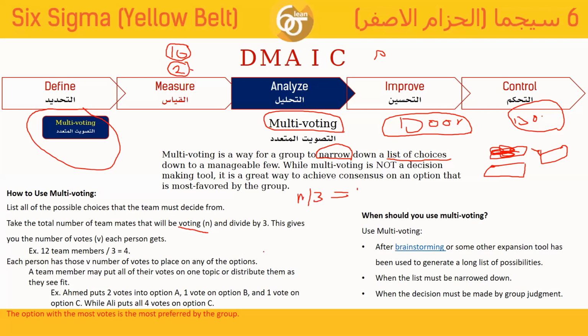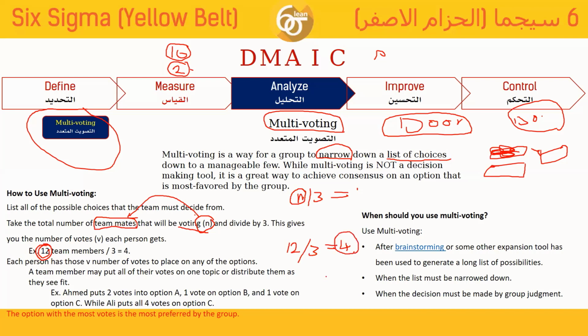For example, here your team has 12 members, so 12 is N. You have 12, and you divide it by 3, which equals 4. So what is the 4?